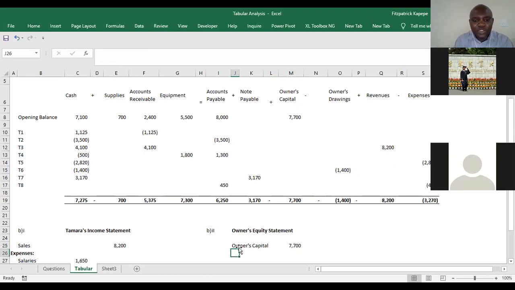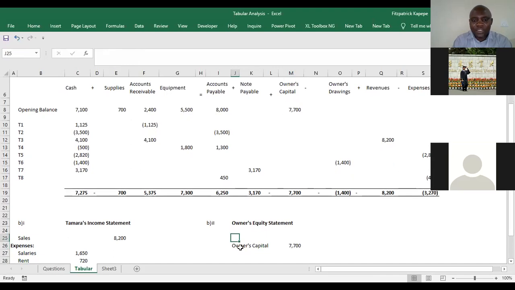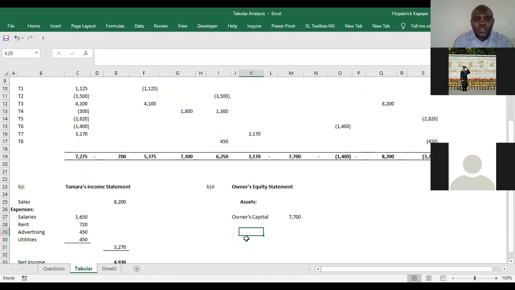So on top, sorry, let me do this. What do you start with? You start with assets. Let me put it here, so here I'll call it assets. So you have owner's equity.